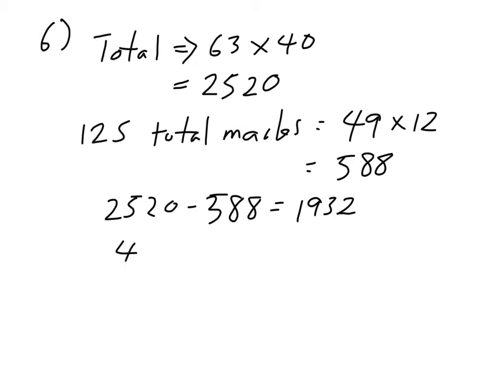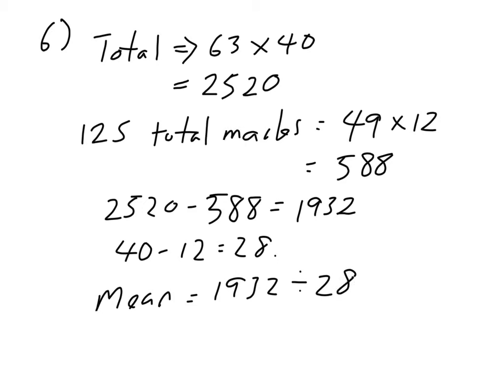So 40 minus 12, we have 28. So the mean for the remaining 28 students has to be 1932 divided by 28. So 69 marks is the mean for those who pass.